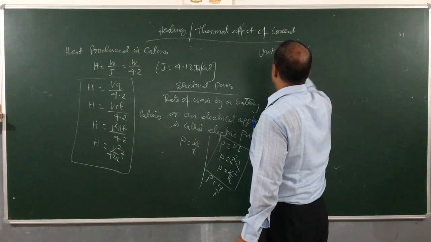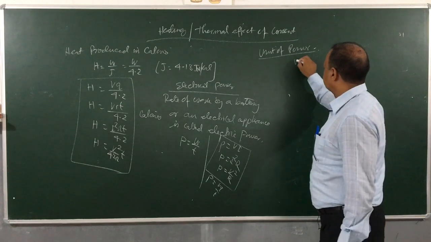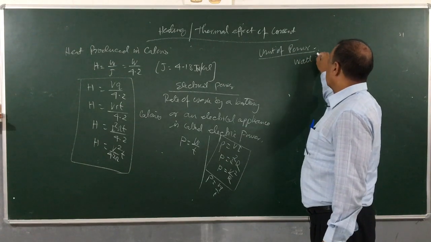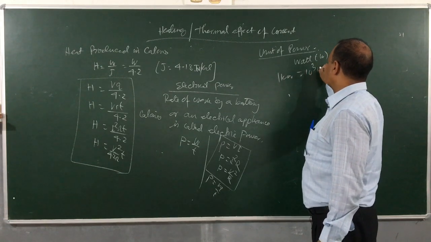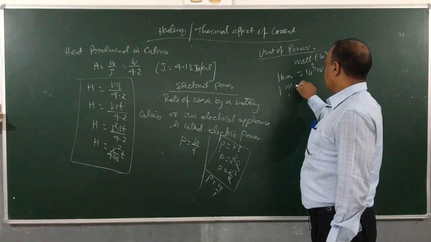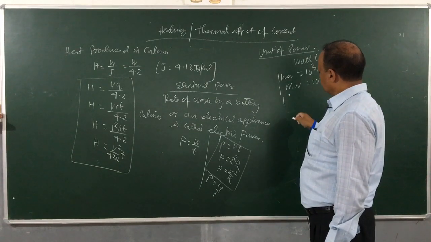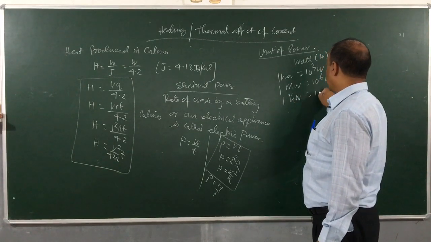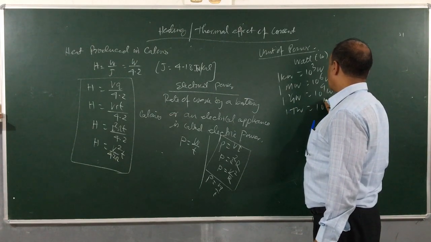So unit of any power, electrical or not, will be watt, and then we will denote by W. 1 kilowatt will be 10 to the power 3 watt, 1 megawatt will be 10 to the power 6 watt, 1 gigawatt will be 10 to the power 9 watt, and 1 terawatt will be 10 to the power 12 watt.